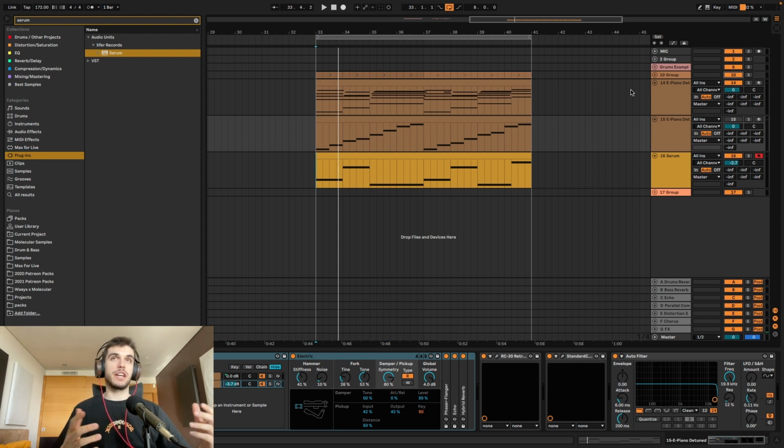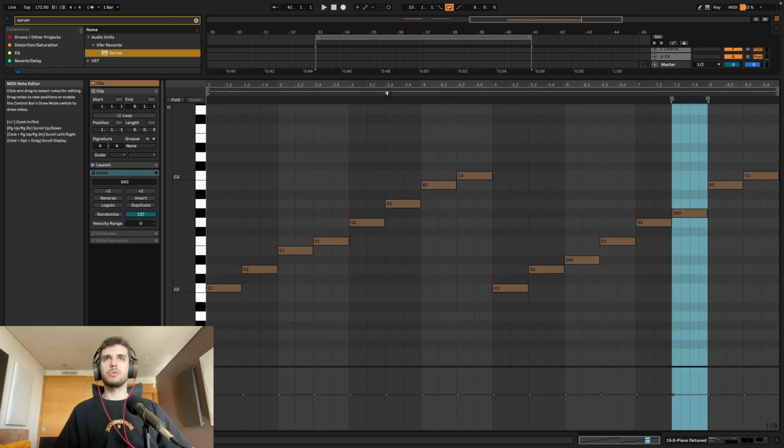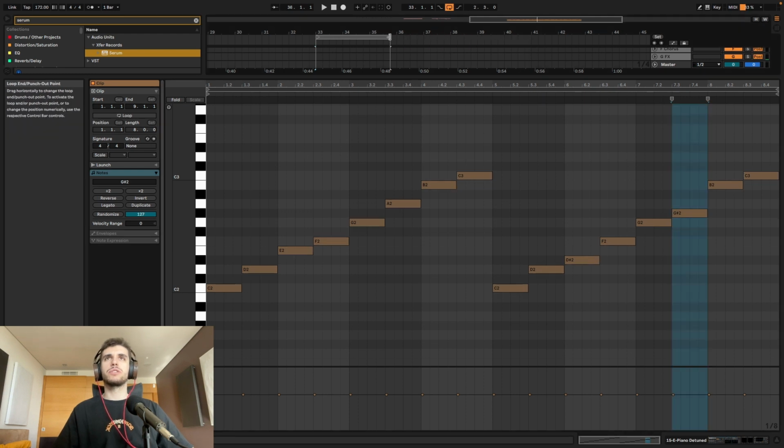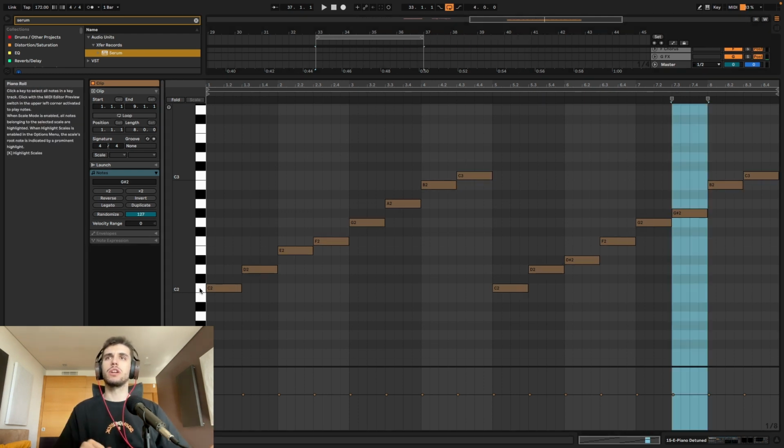If you're a beginner in music theory, or even if you don't really know anything about music theory, I'll do a brief explanation. I've got this sound here, the same key sound that we were using, and I'll open the piano roll and divide it into two sections. In this first section, we have the C major notes laid out.